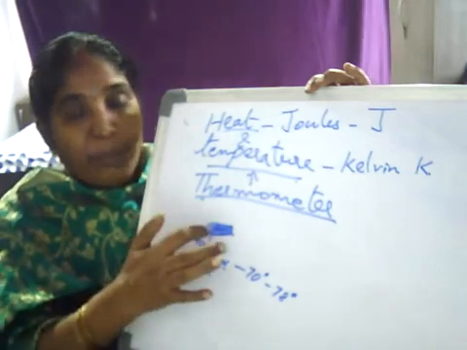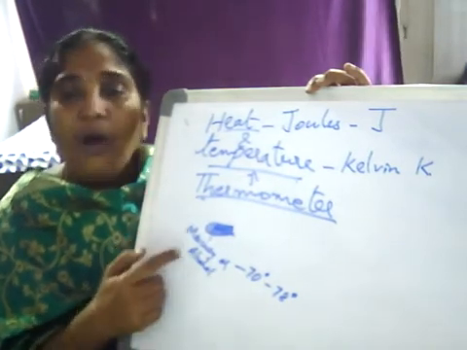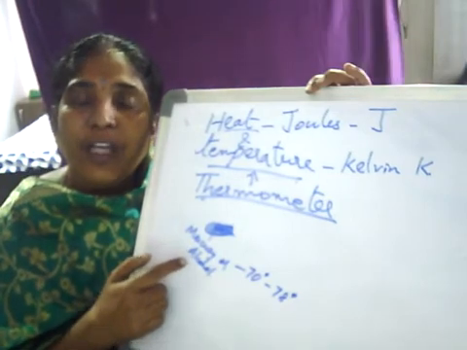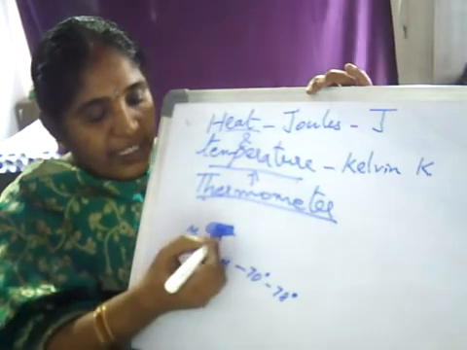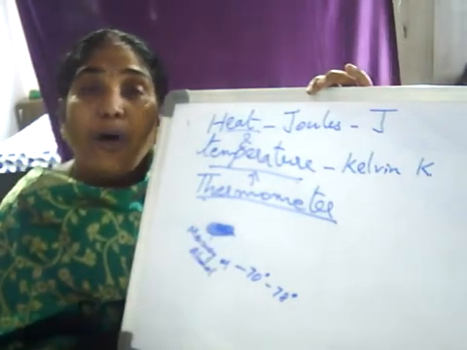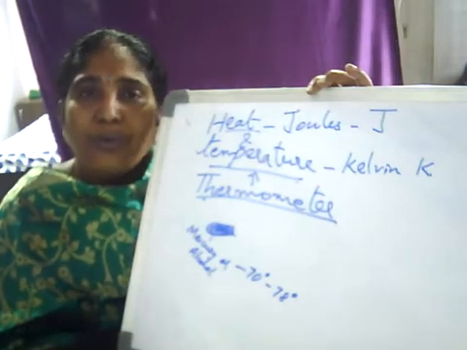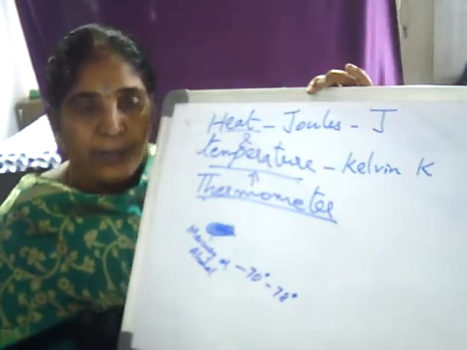So the bulb of the thermometer is filled either with mercury or with alcohol. This bulb is placed in contact with the hotter or cooler object whose temperature is being measured.